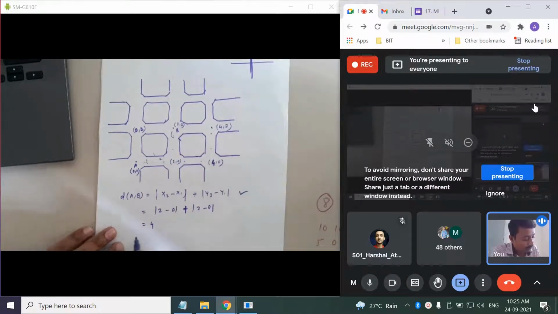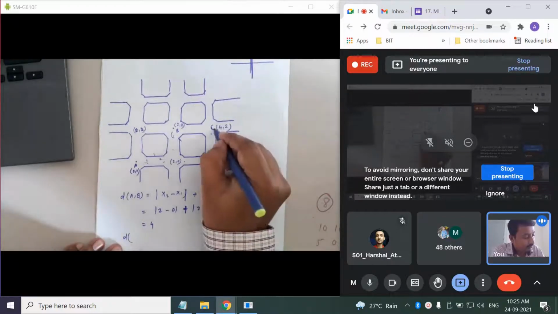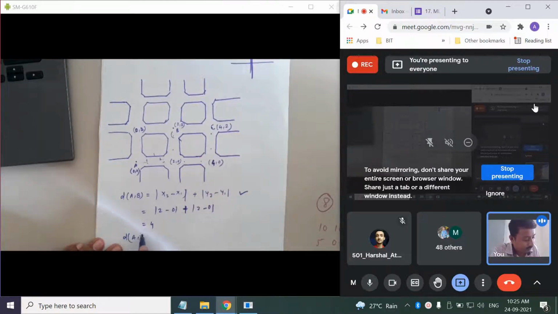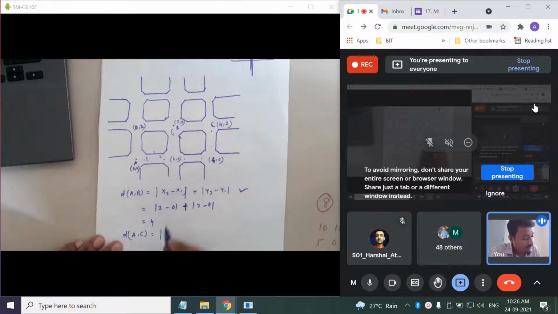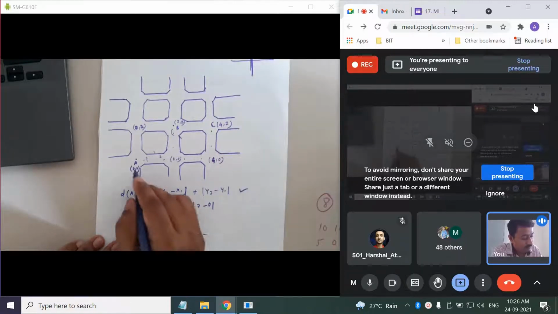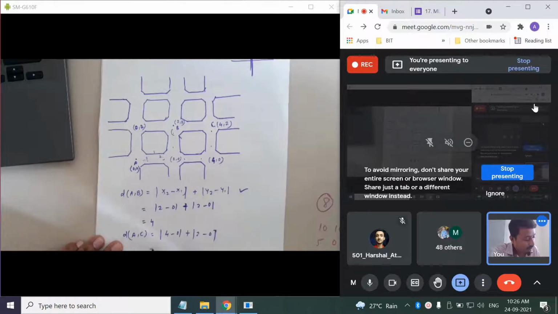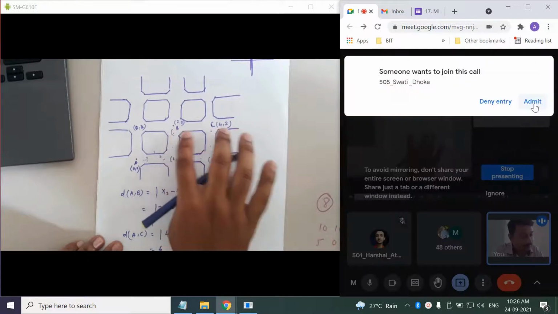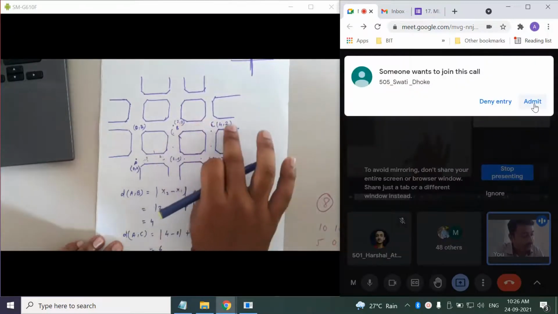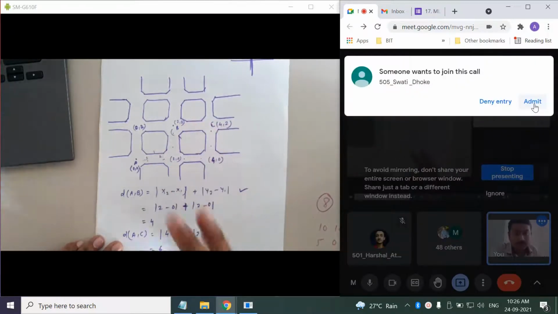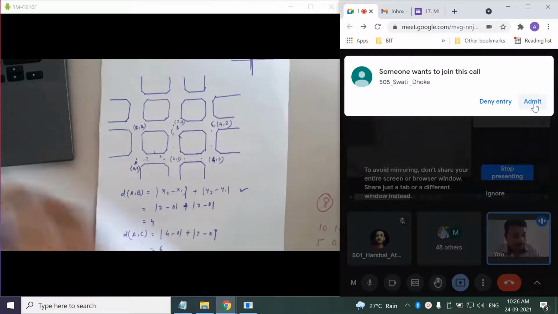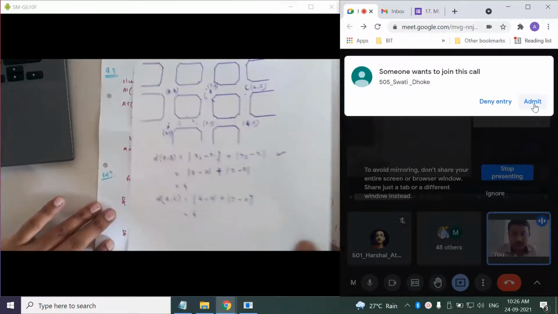Let's say this is point C. A, C equals x2 which is 4 minus 0 plus y2 which is 2 minus 0, that is 6. For the distance between these two, 4 minus 2 is 2, 2 minus 2 is 0, so 2. So you got the idea of city block distance.